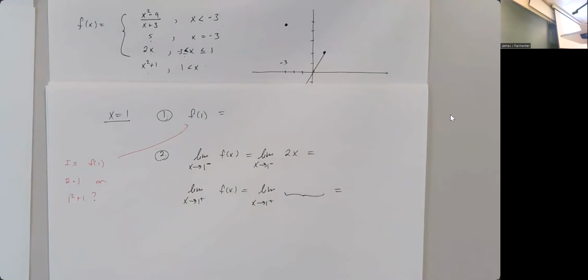What's 2 times x really close to? So let's see. x is like 0.9, 0.99, 0.999, 0.9999999, and then 2 times x is like 2 times 0.9, 2 times 0.99, 2 times 0.999. It's really, really close to 2 times 1.